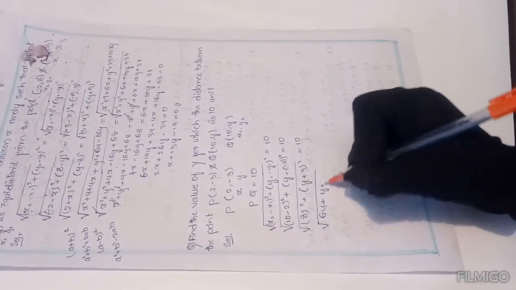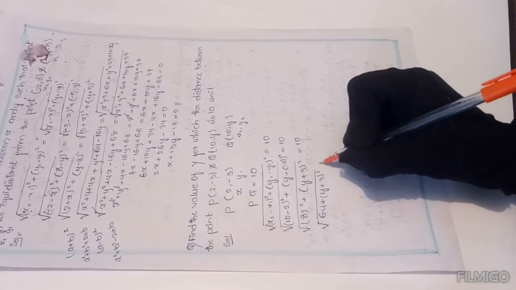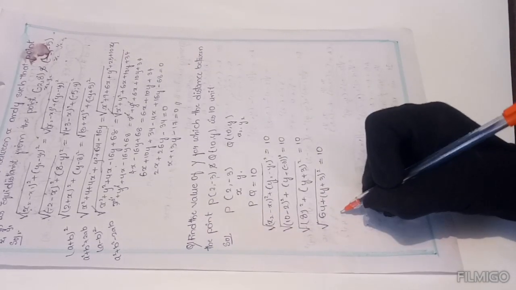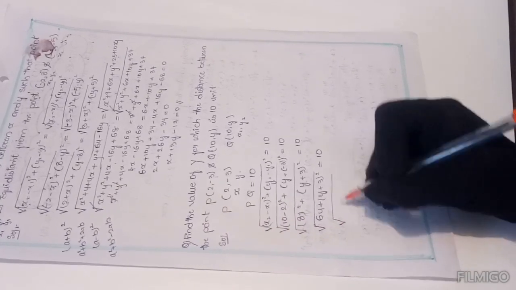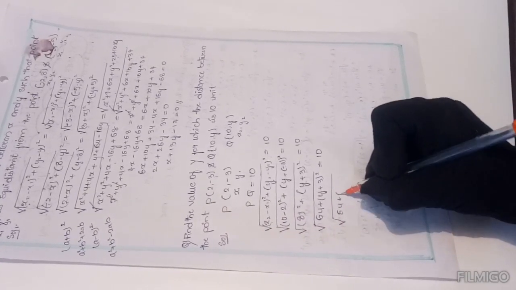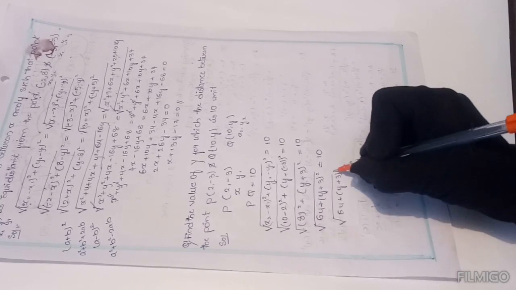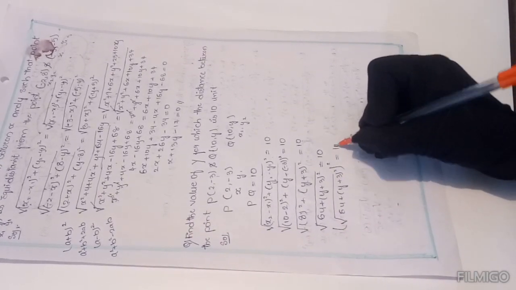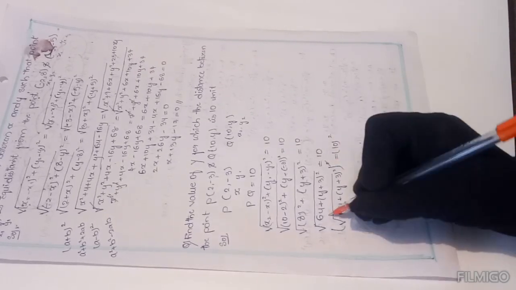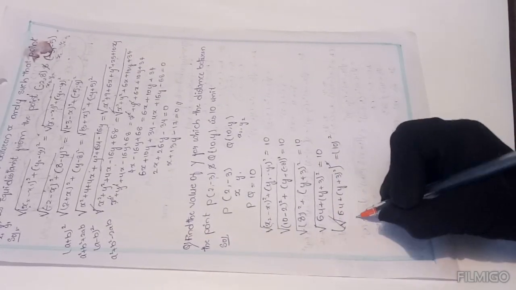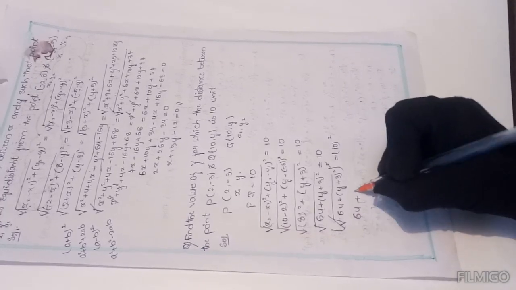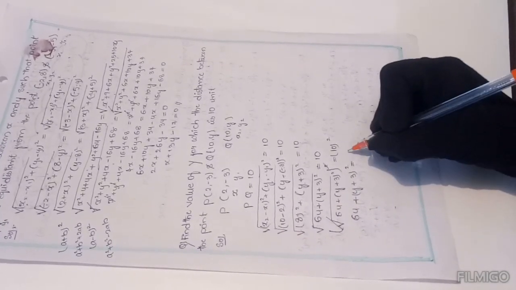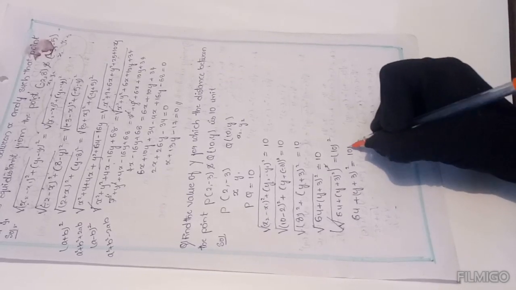(y plus 3) whole squared is equal to 10. If we apply square on both sides, then the square root of 64 plus (y plus 3) whole squared, into square, is equal to 10 squared. The square and root get cancelled. The left terms are 64 plus (y plus 3) whole squared is equal to 10 squared, which is equal to 100.